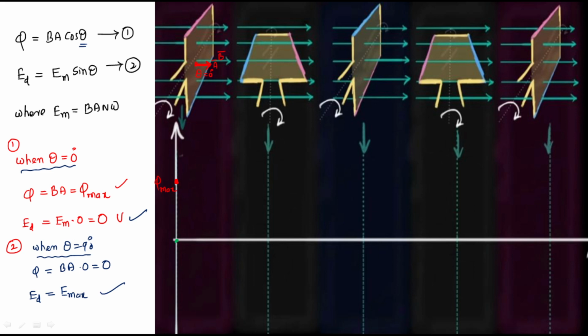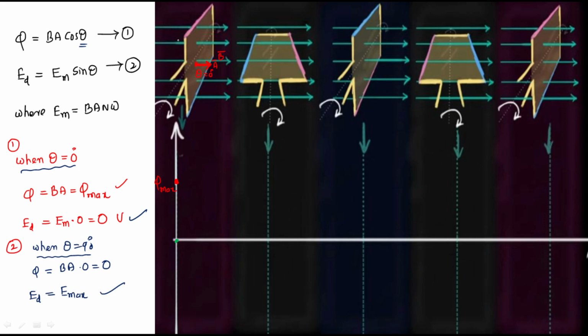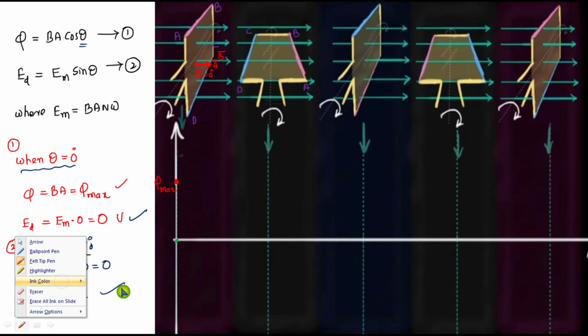Coming to this conductor orientation, after 90 degrees rotation, let us say this is A, this is B, this is C, this is D. After 90 degrees orientation, this is B, this is A, this is D, this is C. Here theta is 90 degrees.